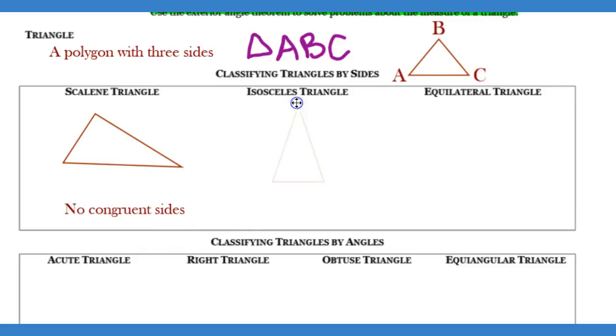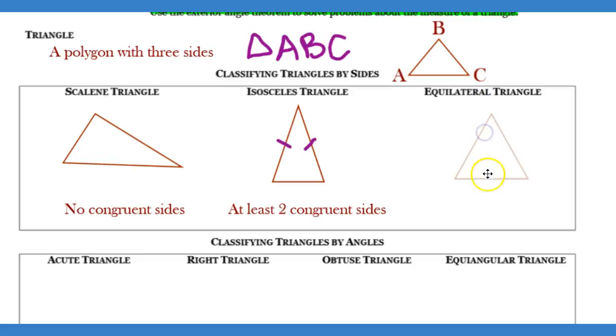An isosceles triangle has at least 2 congruent sides. So this side and this side are congruent. And an equilateral triangle has 3 congruent sides. So all of the sides of my equilateral triangle are congruent.